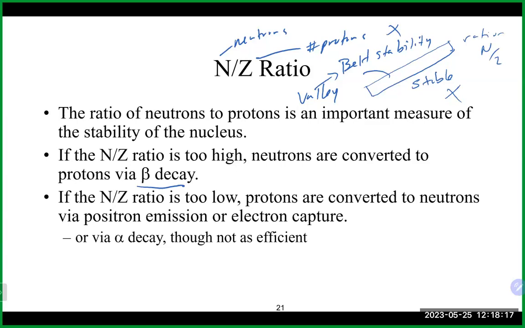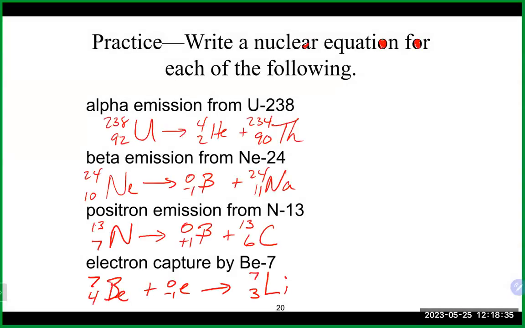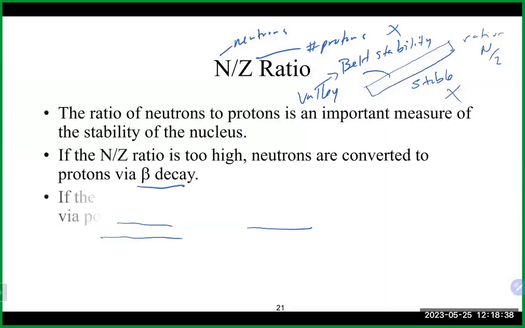It could also go through an alpha decay, but it's not as efficient. For us, we will simplify it. We will just say if we are too low, it will go through one of those two processes, either a positron emission or an electron capture. Now, we just did an electron capture on the previous one, which was beryllium 7.